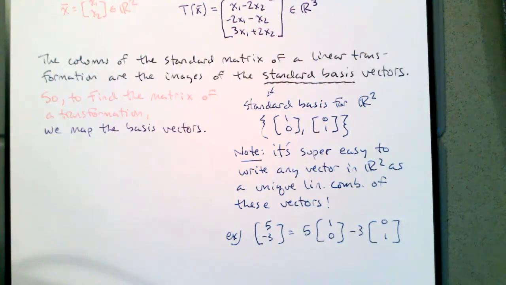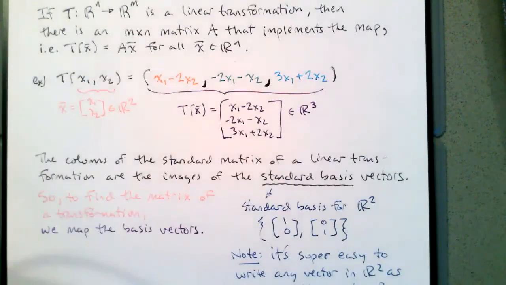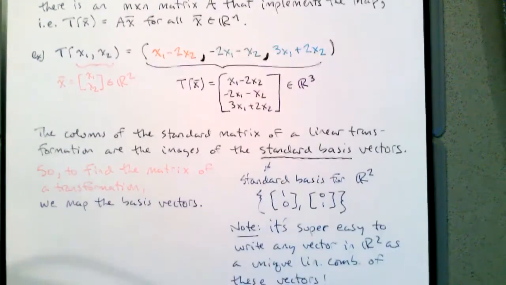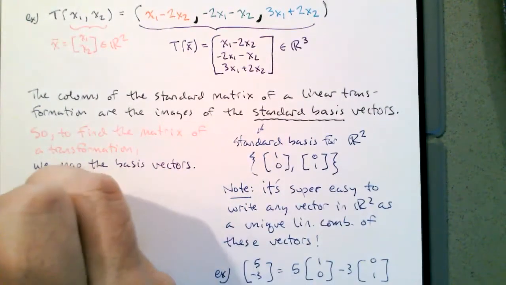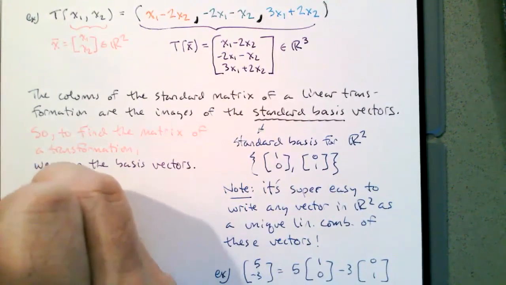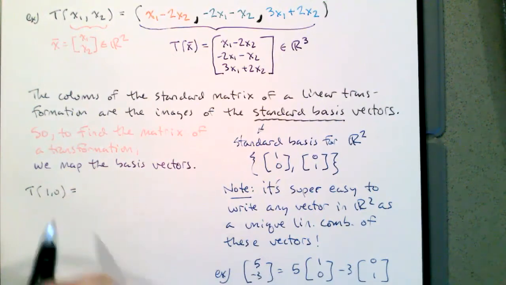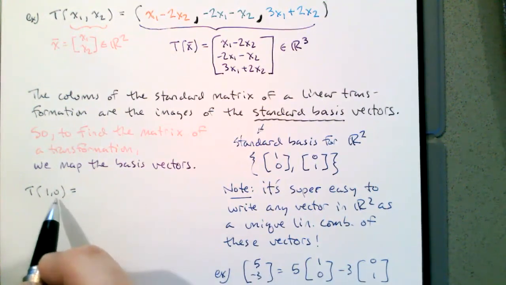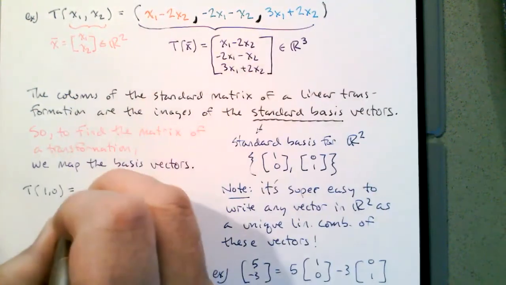So let's map the basis vectors for this example. I want to find T of (1, 0) and T of (0, 1). See if I can fit all of it. Barely. So T of (1, 0): x1 is 1, x2 is 0, and I just need to find the image by plugging into these three expressions.